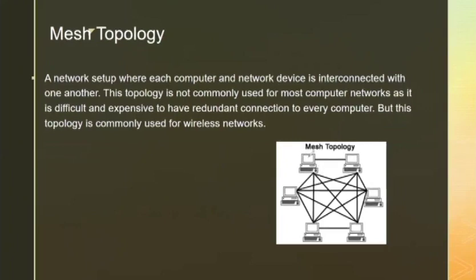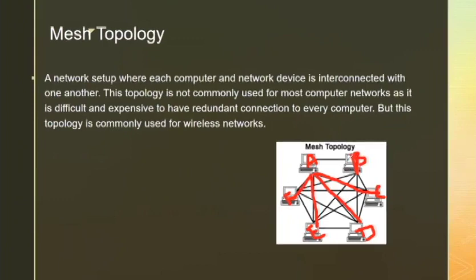So here you can see I have named the computers A, B, C, D, E, and here F. Computer A has a separate connection with B, separate connection with C, separate connection with D, separate connection with E, separate connection with F. B is also the same, I'm taking another pen.